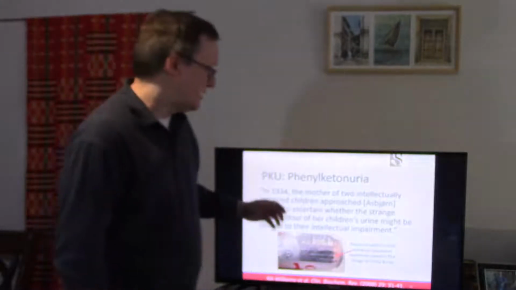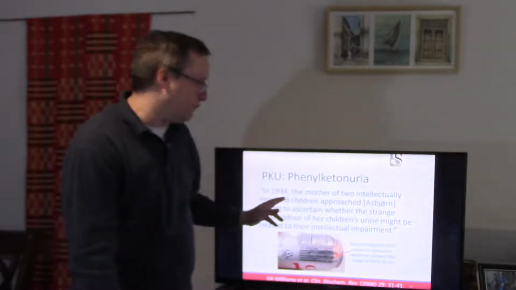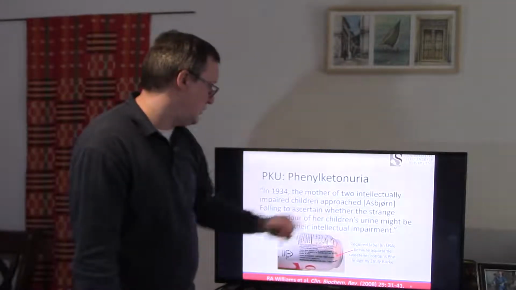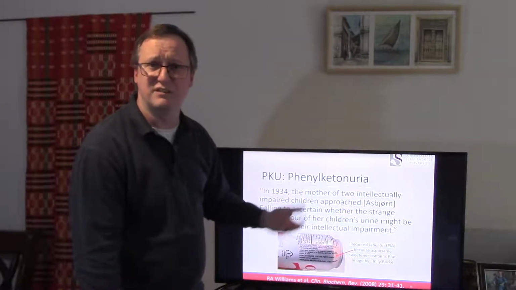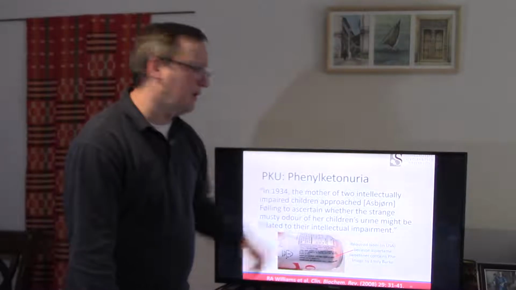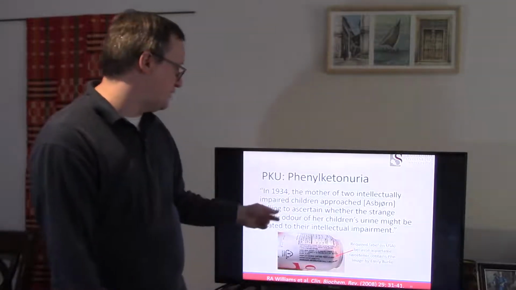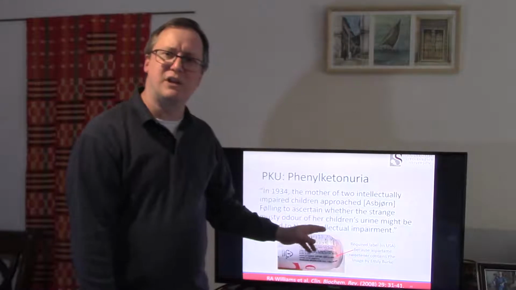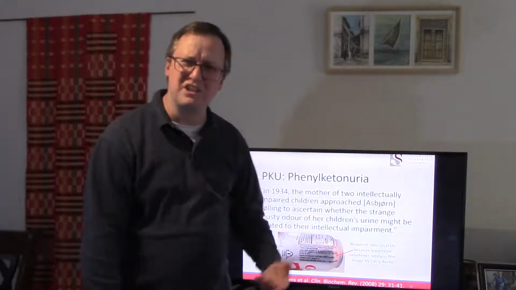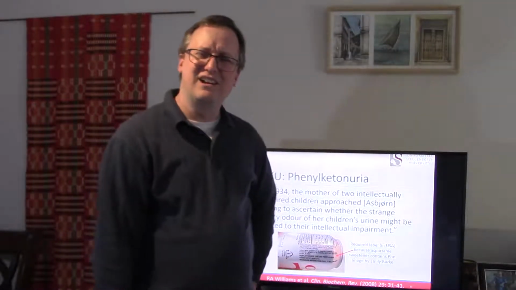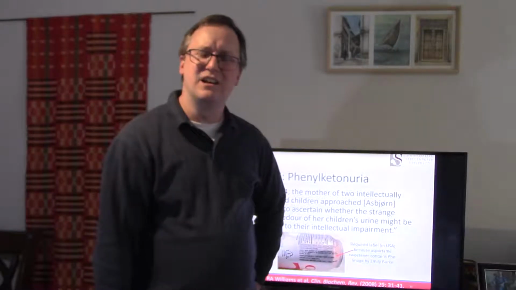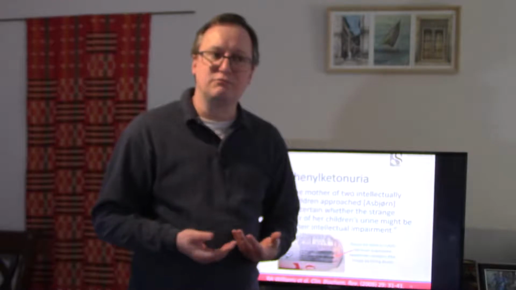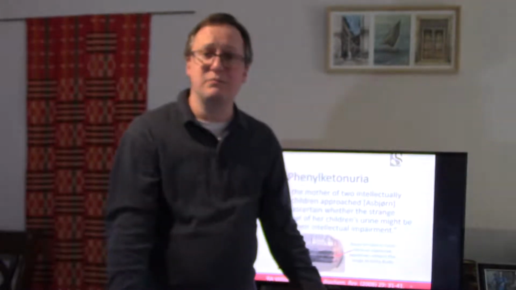So in 1934, we see that the mother of two children who had this intellectual impairment that developed over time went to visit a biochemist named Asbjorn Folling to figure out whether the strange smell of their urine was associated with their disease. Now, what kind of insight was that? One of the ways that our body's metabolites are reflected in us in phenotype is in our urine.